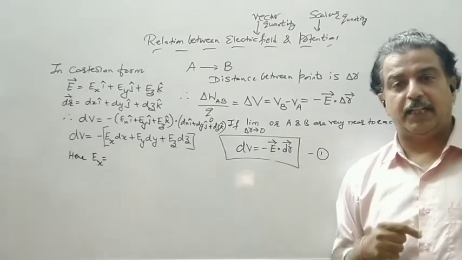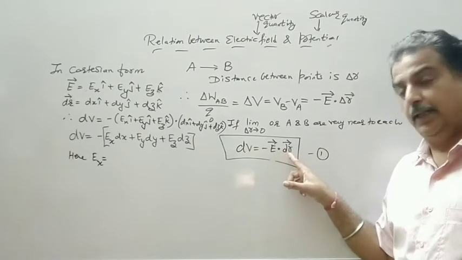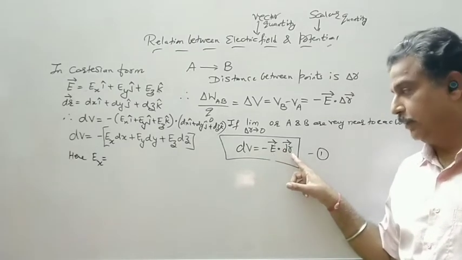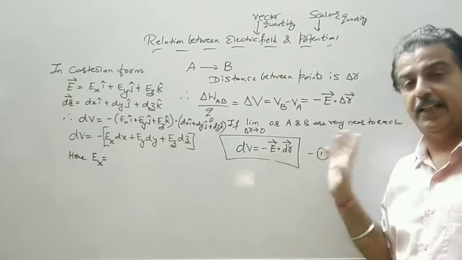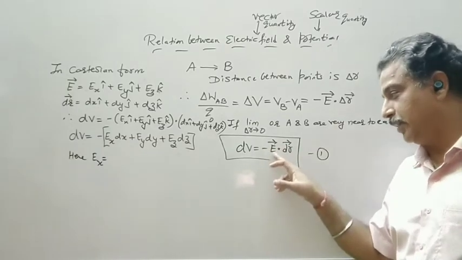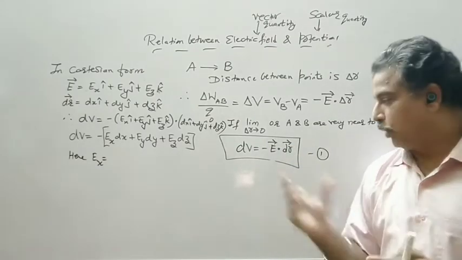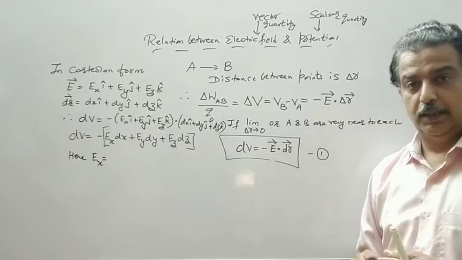Now if the electric field is along the x-axis and you are moving along the x-axis, it comes out to be minus E dr. If you are moving opposite to the field, it becomes plus E dr. So like this, you can do the dot product also here.